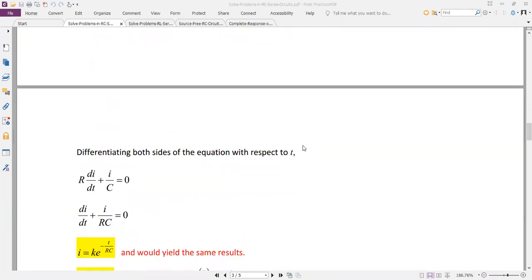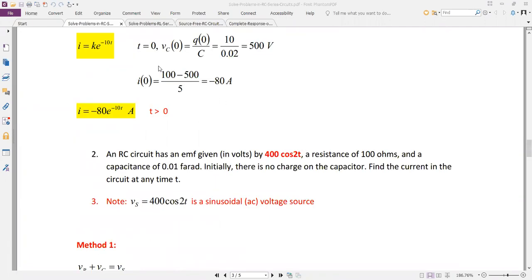So what's happening here is your V sub S minus VC divided by the R is the current in your circuit at time equal to 0, and that's negative 80. So that's plugged in here on the equation for K. So negative 80 e raised to negative 10t.